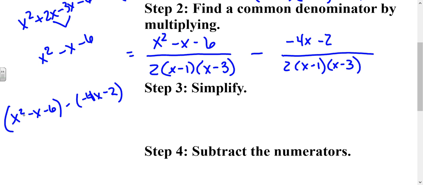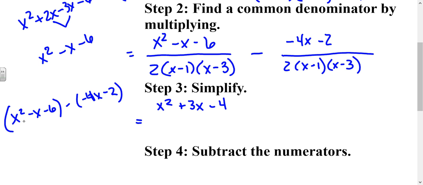So if we just watch our signs, we would have x squared, there's nothing to combine it with. And then I would have negative x minus negative 4x, would be like adding. So negative x plus 4x would be positive 3x. And then I have negative 6 minus negative 2, which would be like adding again. So that would be minus 4.